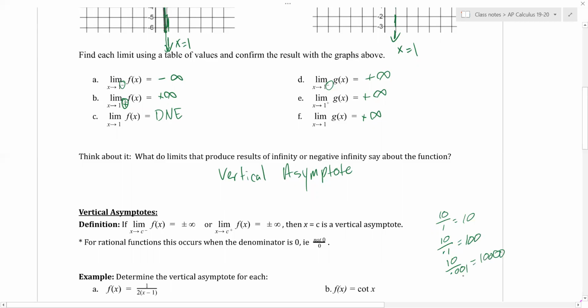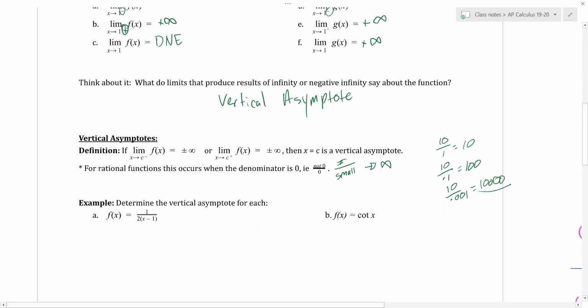The closer we get to 0 in our denominator, the bigger our result is. And remember, limits are not actually putting 0 in the denominator. They're approaching 0. They're getting really, really close to 0, but never actually equaling 0. So when we have a number divided by a really small number, that approaches infinity.